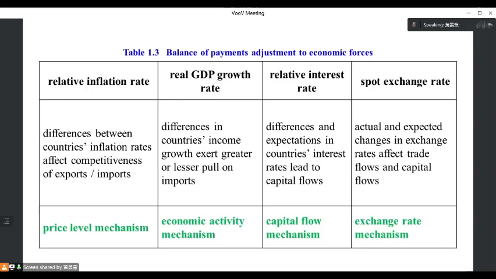So relative inflation rate will finally influence this country's balance of current account, and finally will influence the international payments.